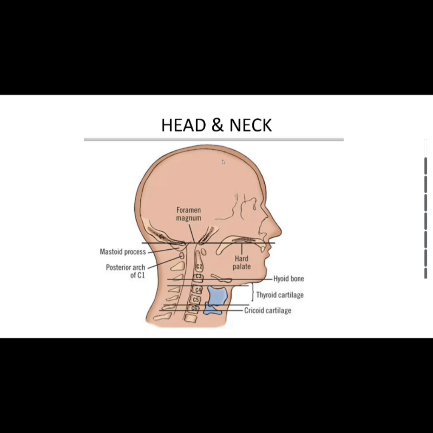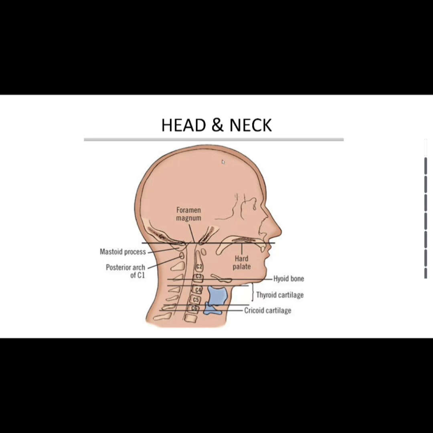So there are so many foramina, but the big one here is the foramen magnum. That's why it's called foramen magnum. And that is where the spinal cord comes out from. Remember, we talked last time about the brain and the spinal cord in the central nervous system. The spinal cord exits the cavity of the skull through the foramen magnum.